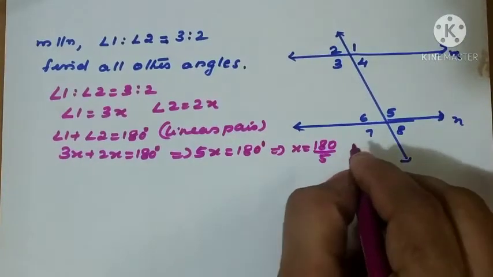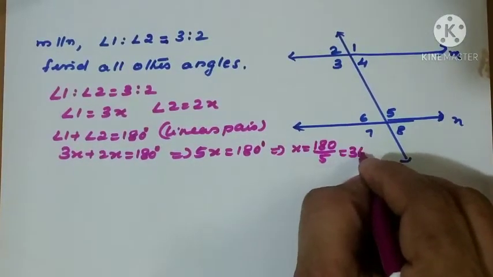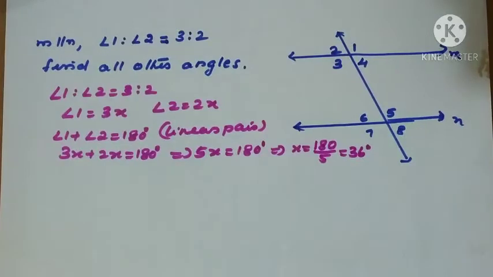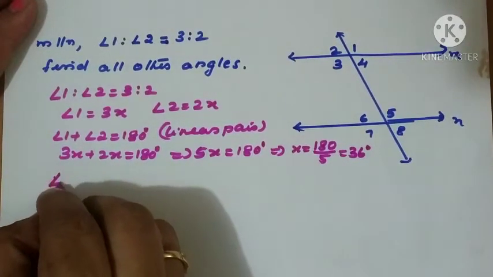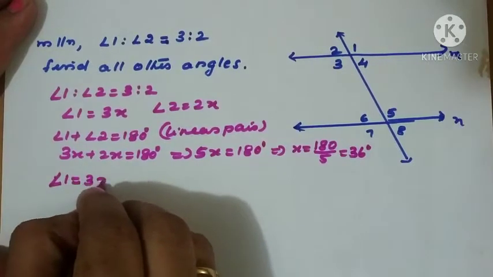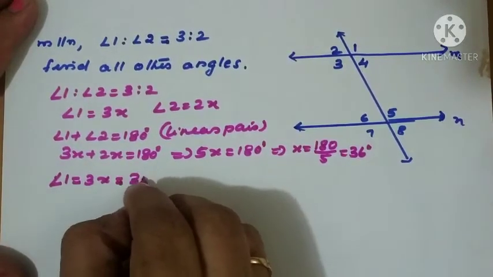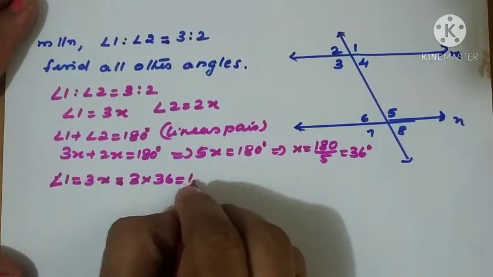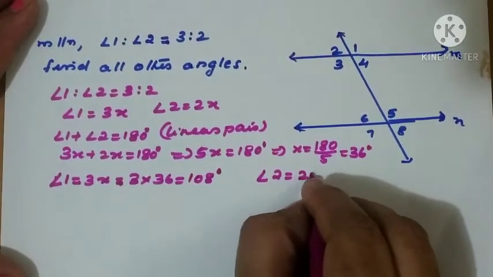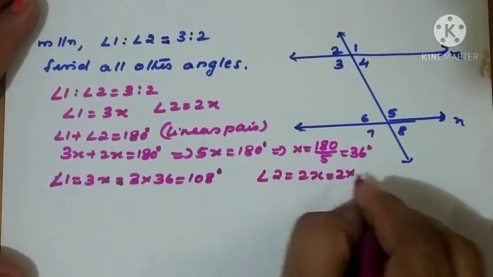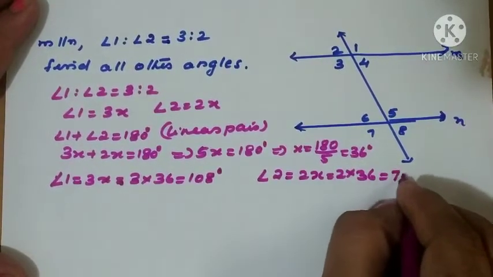What is the value 180 by 5? 36 degree. Now we got x is 36 degree. So what is the next step? Angle 1 equal to 3x means 3 into 36 equal to 108. Angle 2 equal to 2x, 2 into 36 equal to 72 degree.